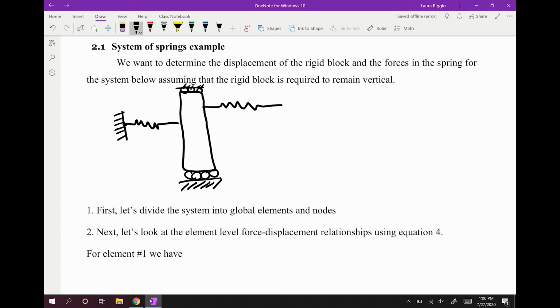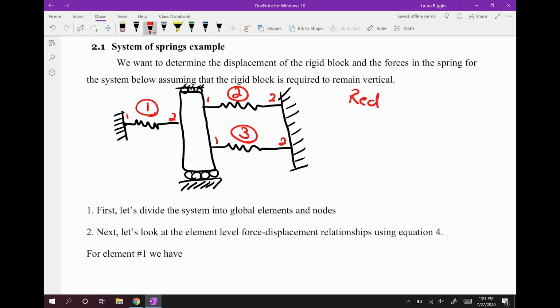I have a second spring and a third spring, and these are again attached to a wall. So I have 1 spring, 2 springs, 3 springs, where each one of these springs has its node 1 and its node 2.